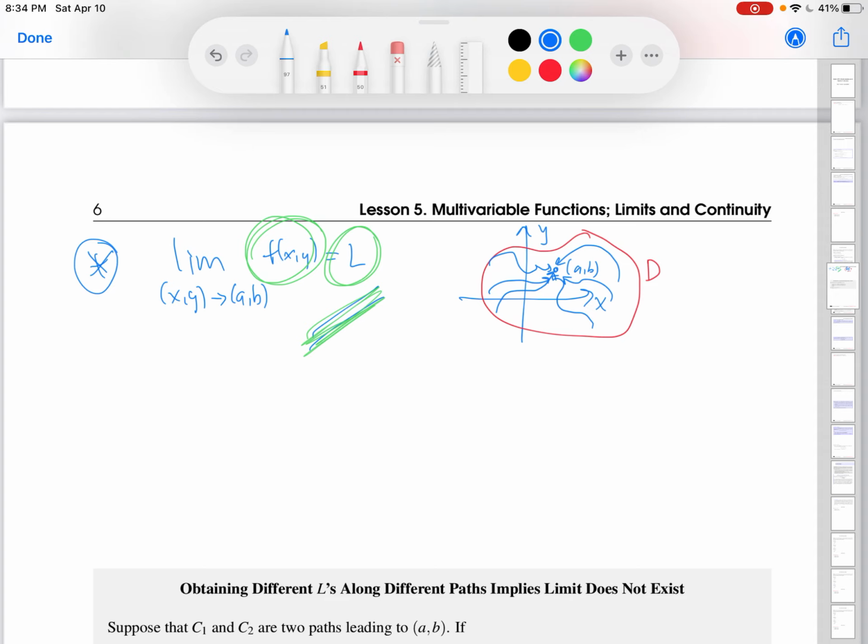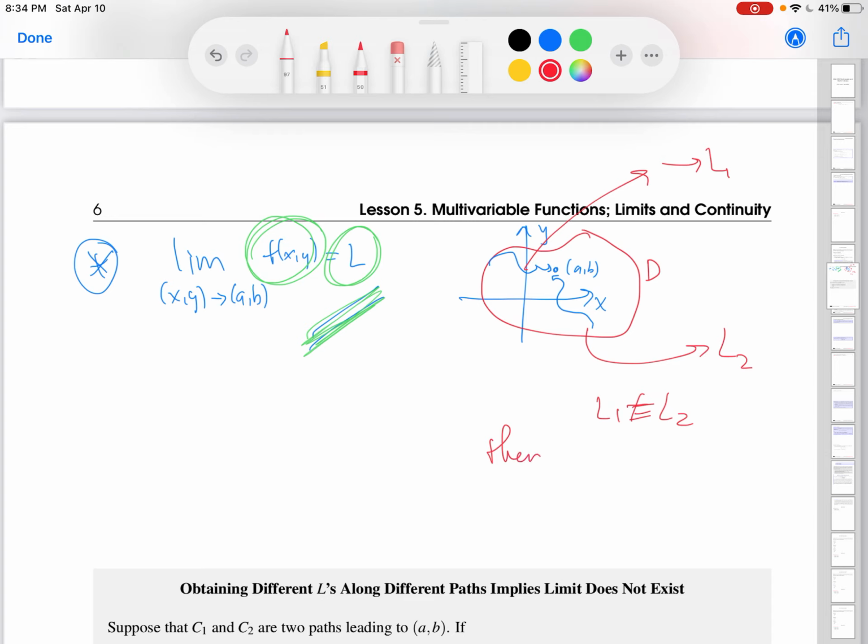That means that if I can find even two paths, let me see if I can erase some of these paths. Let's say I find these two paths. And I find that along this path over here, I tend to some value L1, and along this path over here, I tend to some value L2, and I find that L1 is not equal to L2. Then I will be done.